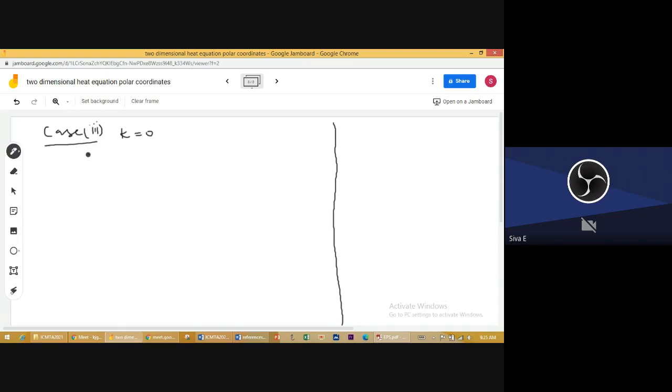Then you can write that d square R by dz square equal to 0. The second one is phi double dash equal to 0. So R equal to A3 z plus B3, phi equal to C3 theta plus D3.